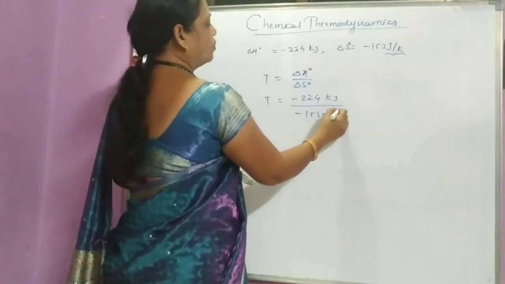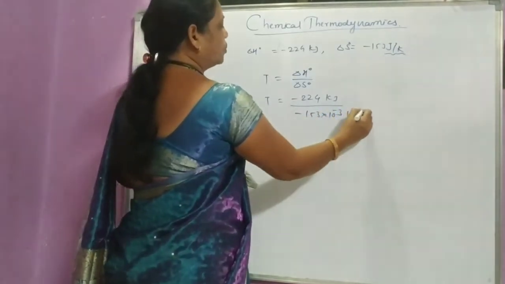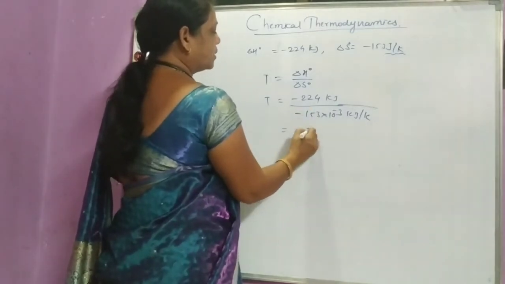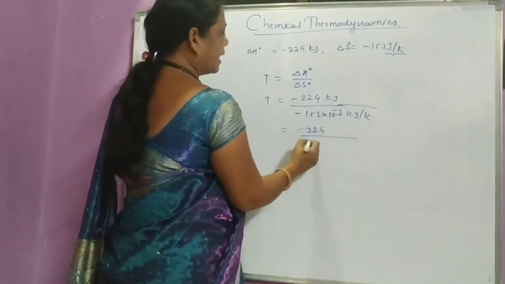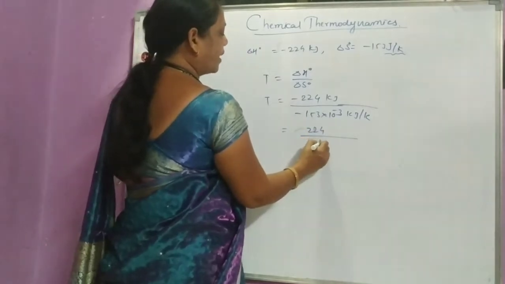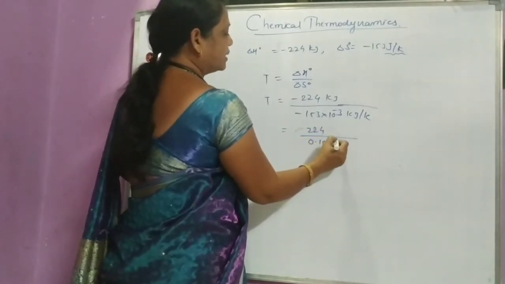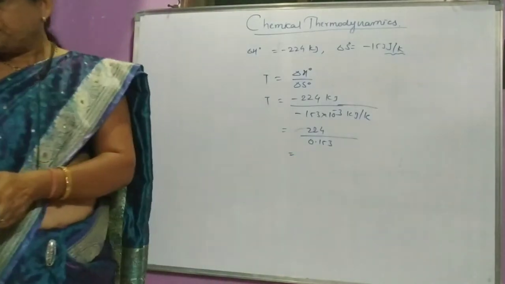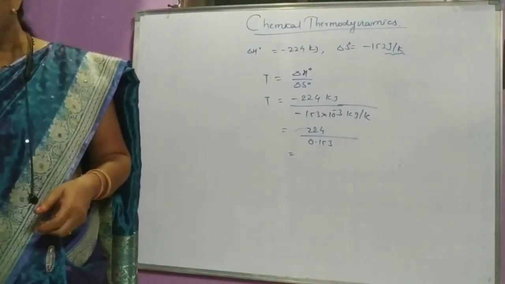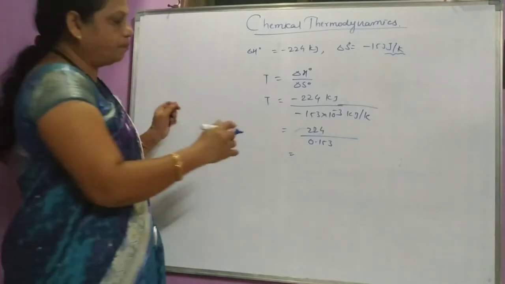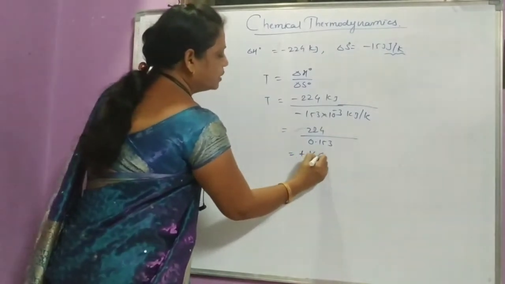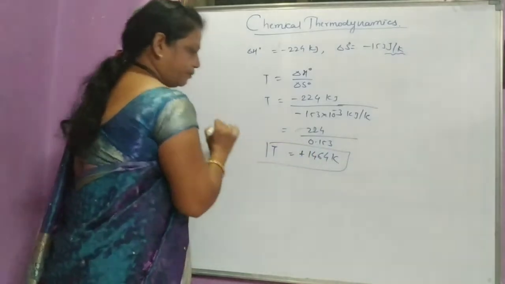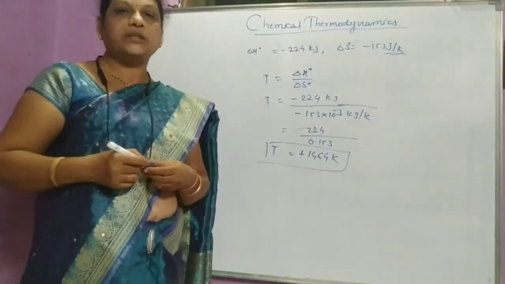That is equal to 224 divided by 0.153, which is 1464 Kelvin. So the temperature is 1464 Kelvin.